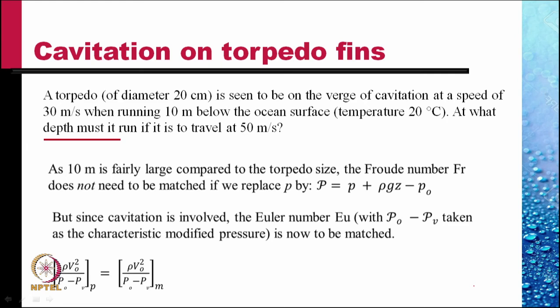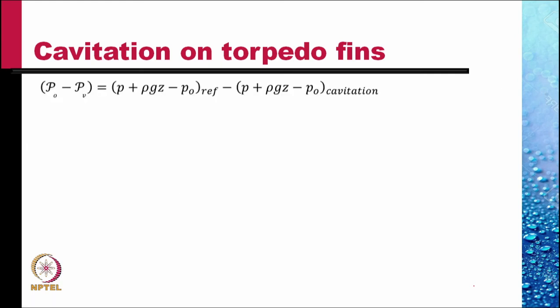So we have to match these two for prototype and model. Script P naught minus script P V is like this at reference pressure P naught and at cavitation.